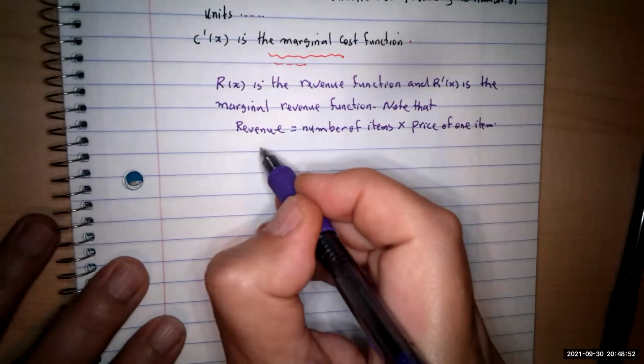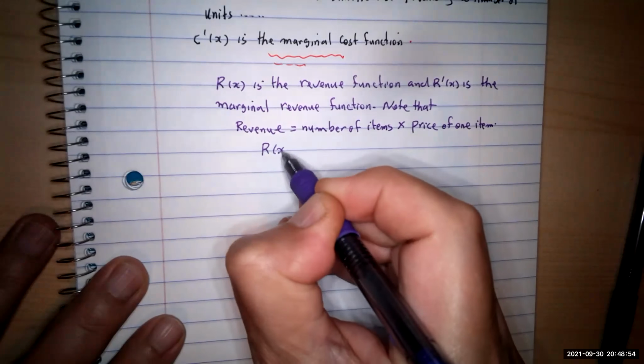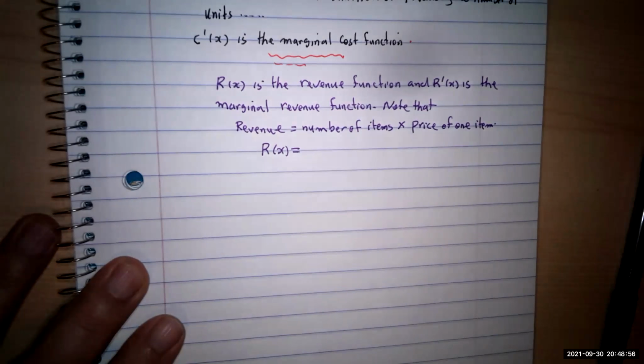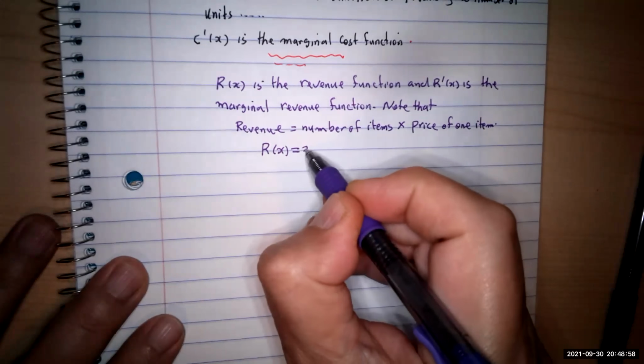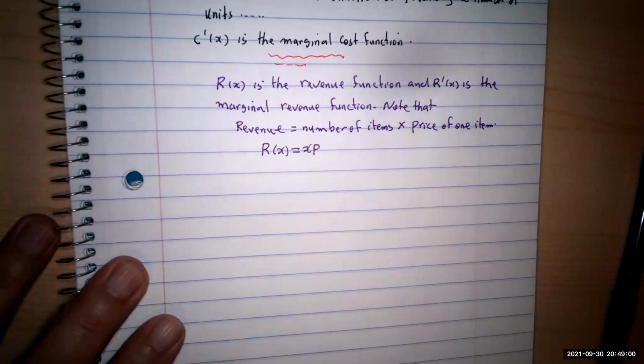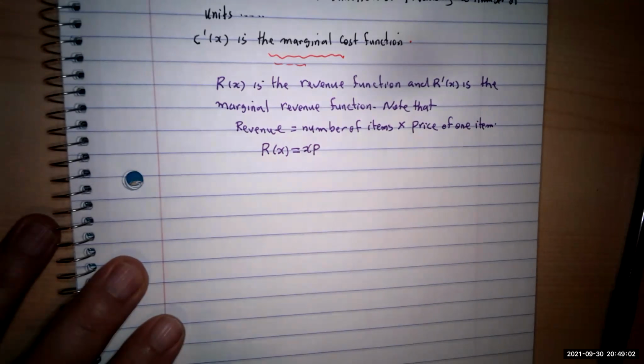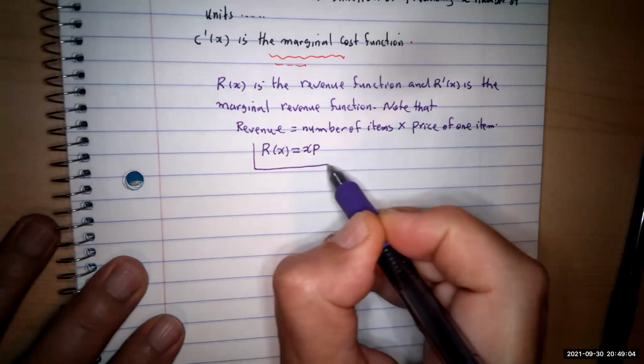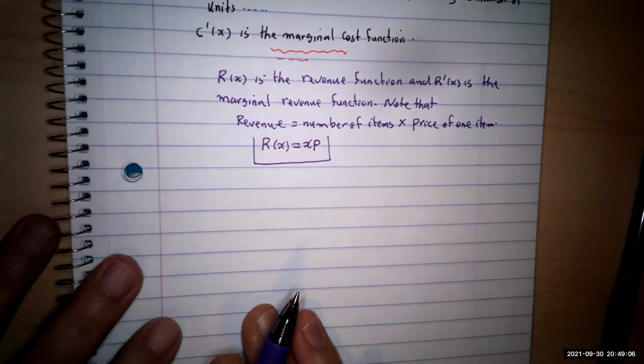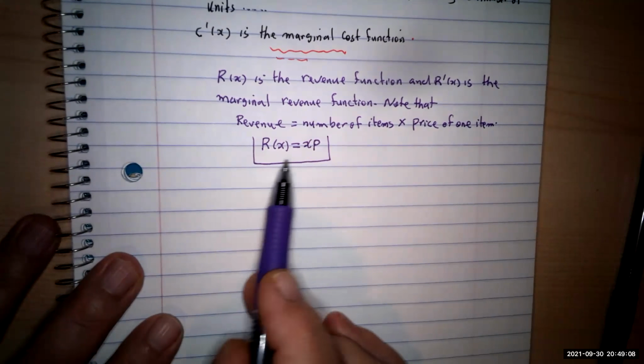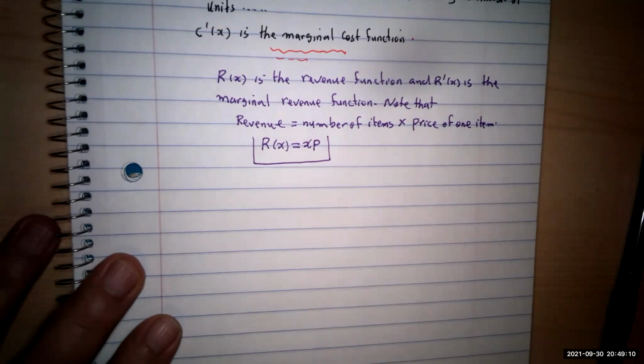Okay, so the equation that we're going to consider is going to be R of X is equal to X times P. It's a kind of lowercase p. Okay, so X is going to be the number of the items and P is going to be the price. So most of the time, this is your first job to find the revenue function.